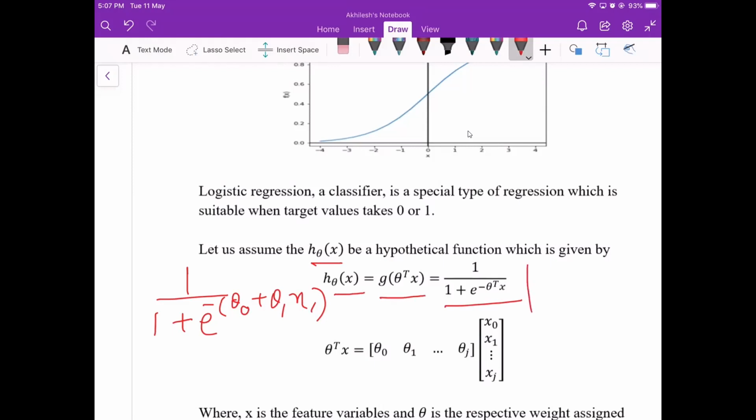You can assume theta transpose x is equal to z. So you can also write it as g of z is equal to 1 upon 1 plus e to the power minus z, but z is equal to theta transpose x.